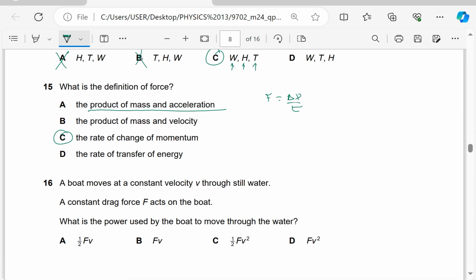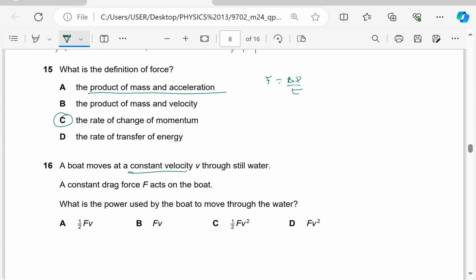A boat moves at a constant velocity v through still water. Constant velocity means acceleration is 0. A constant drag force F acts on the boat. What is the power used by the boat to move through the water?